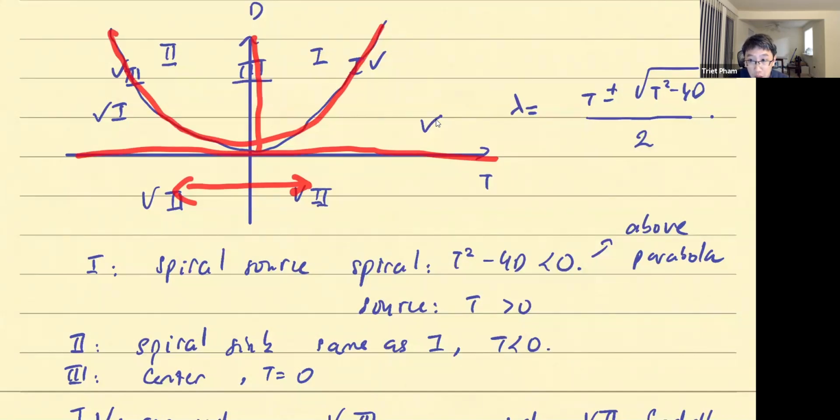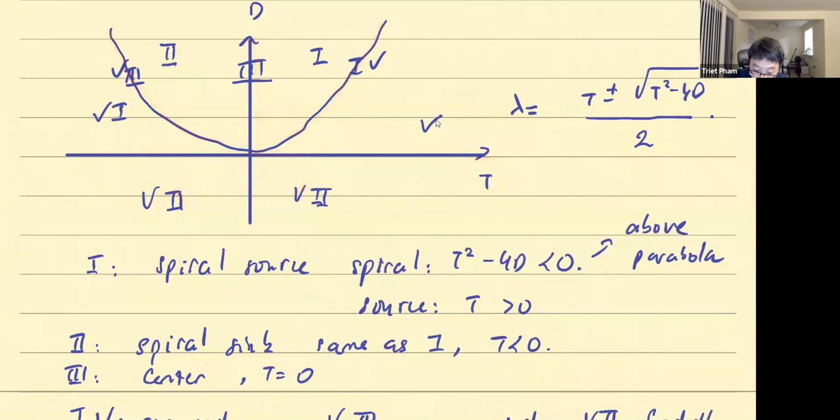Is that okay? So the line t equal to 0 is only up here. Down here, it doesn't change anything because if you go from here to here, it's still a saddle.